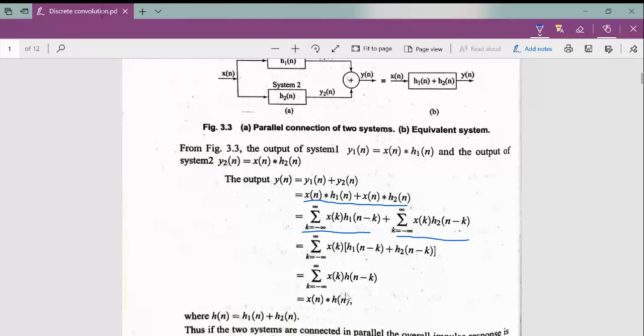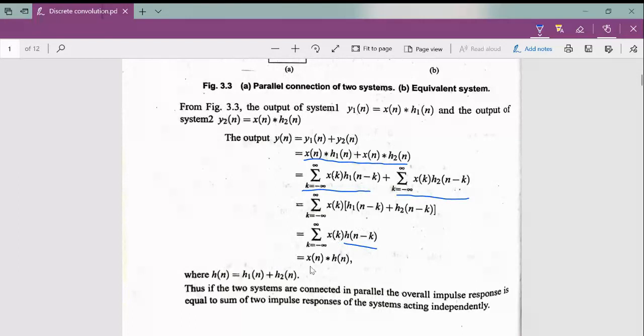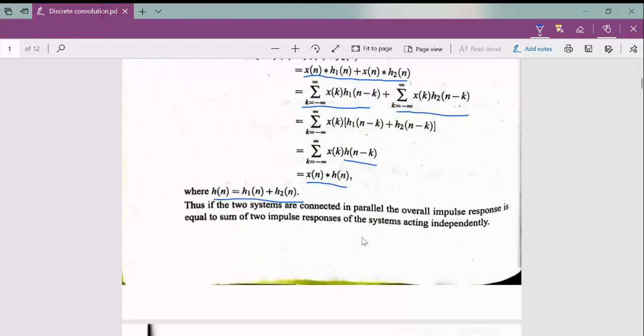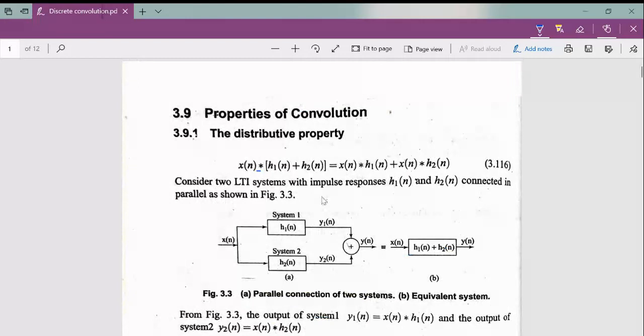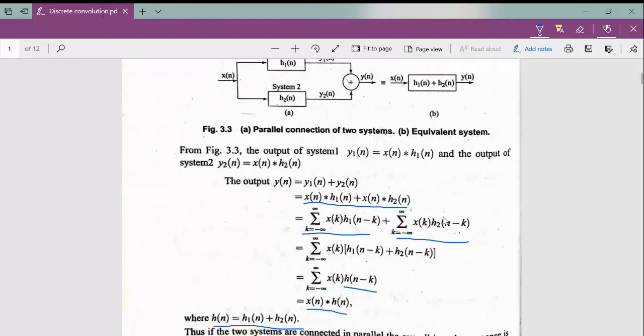Together these we can write as h of n minus k. So this is equivalent to x of n convolution h of n, where h of n is equal to h1 of n plus h2 of n. So when two systems are connected in parallel, they satisfy the distributive property.